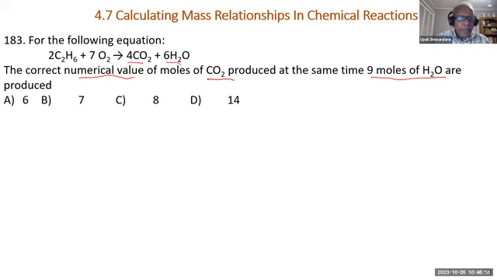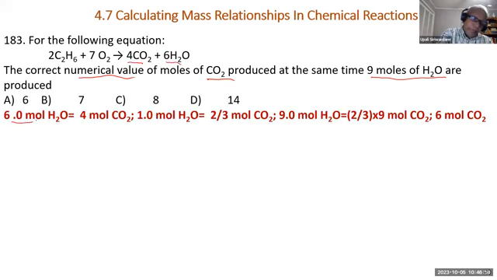You write down that 4:6 here. Then simplify it. 6 divided by 6 is 1. 4 divided by 6, the simple ratio is 2/3. Therefore, for 9 moles of water, you multiply 2/3 by 9. So you get 6 moles. Therefore, the answer to that question is A.